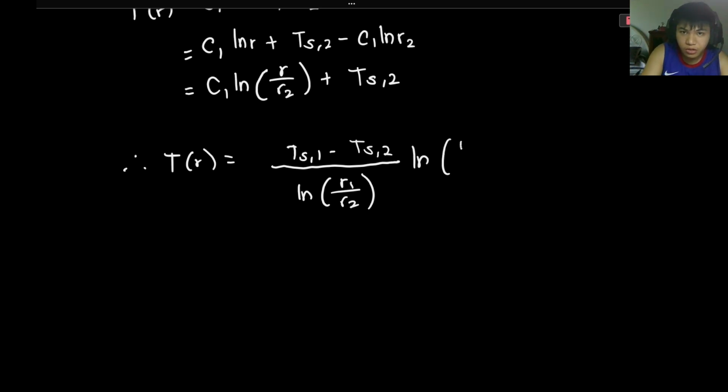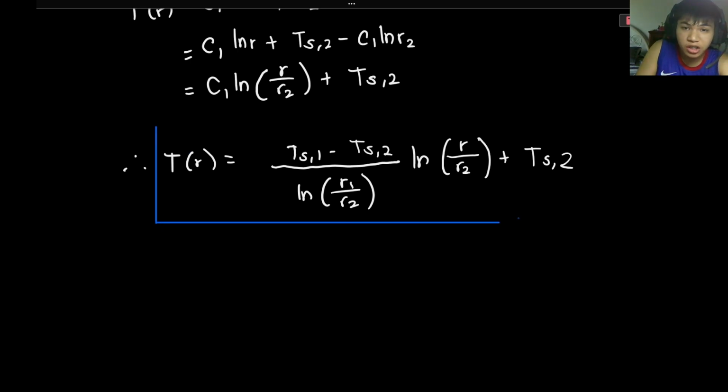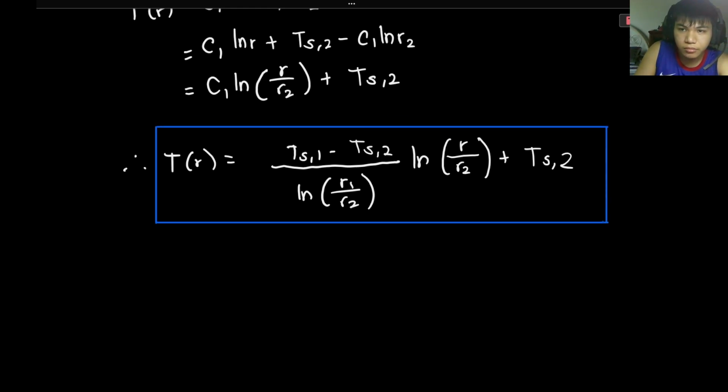We have ln of R over R2 plus yung ating TS2. Yun. So this is our temperature distribution for a cylindrical system. Ayan. So sulit lang natin.